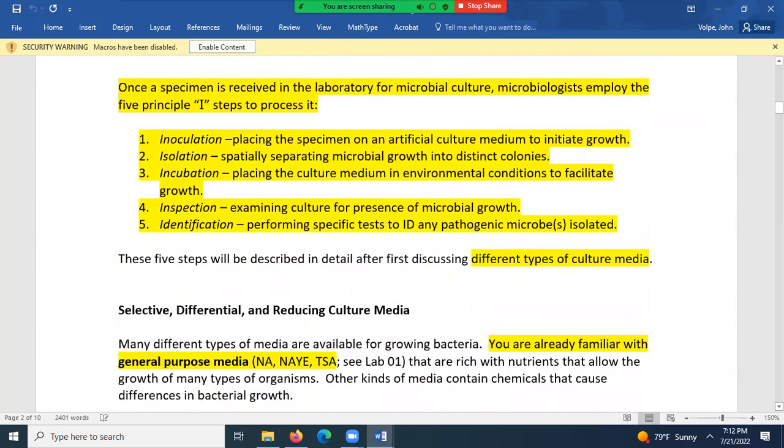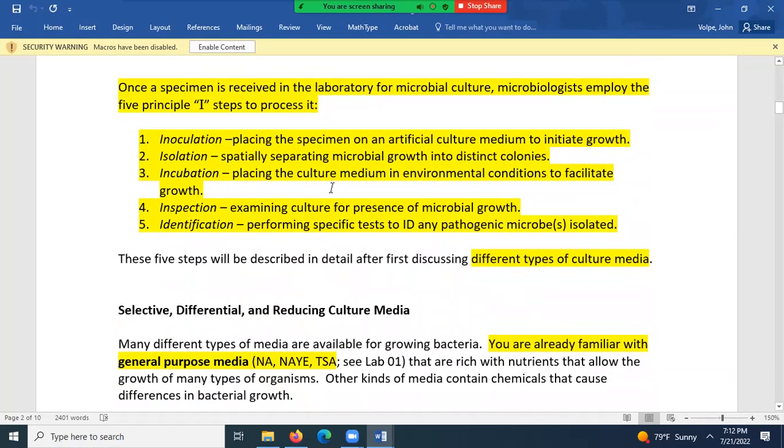Once a specimen is received in the lab for microbiological culture, microbiologists employ the 5 principal steps to process the specimen.